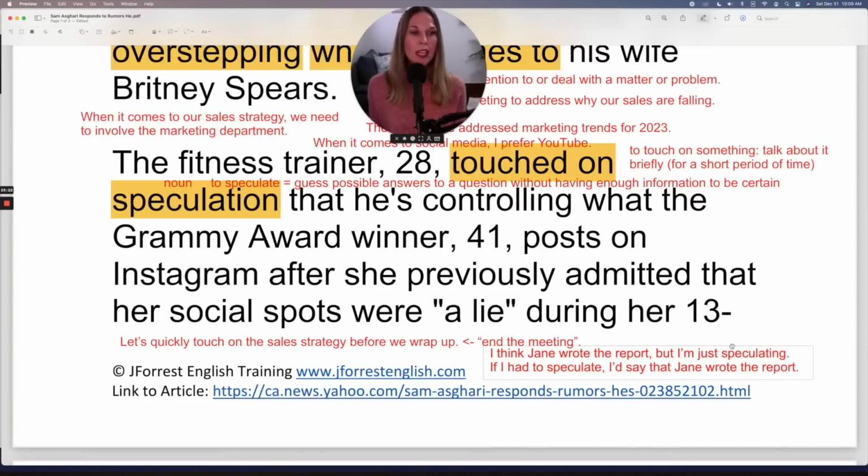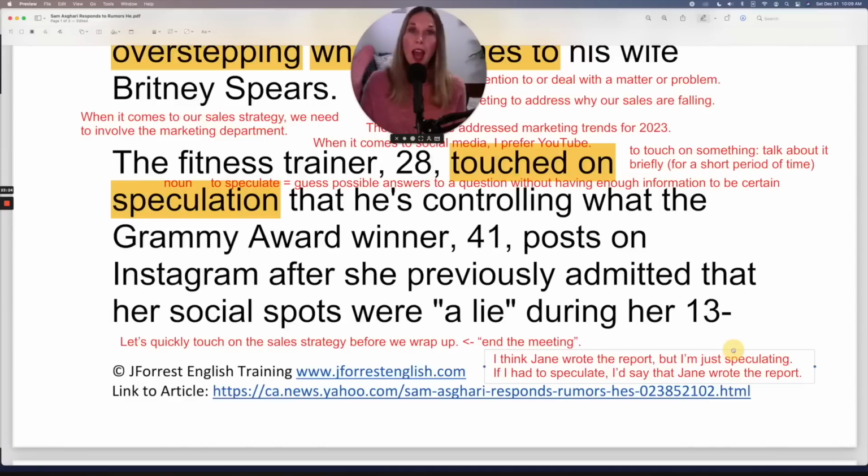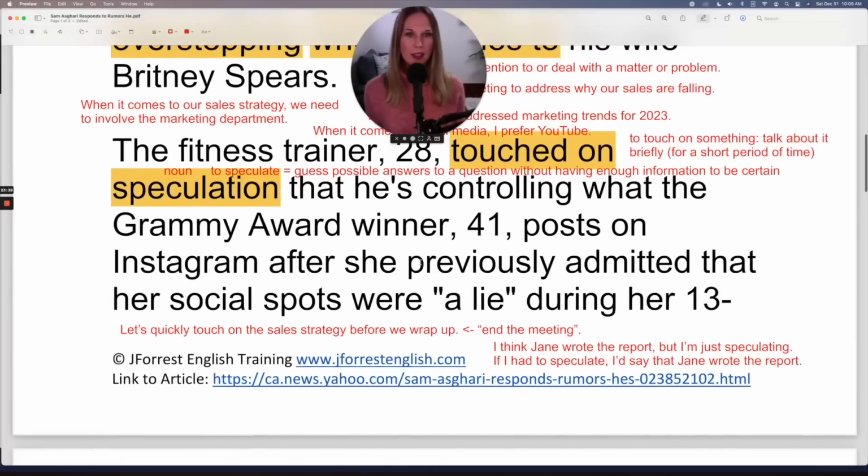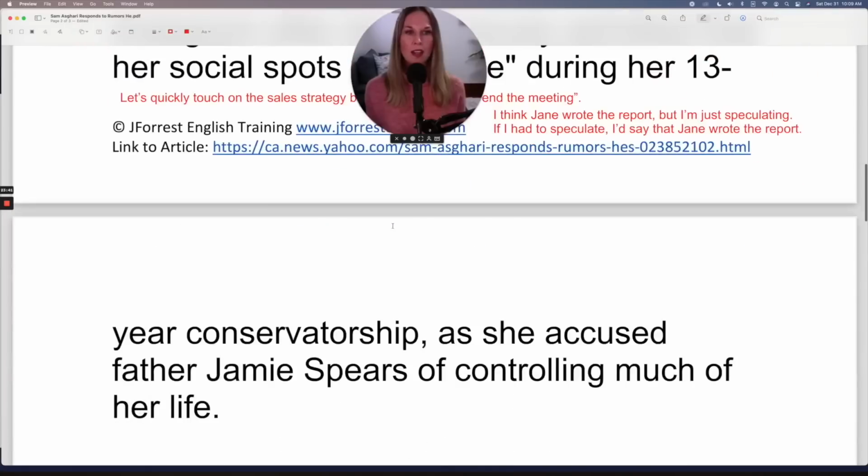It's another way of saying, if I had to guess. So really, it's a fancy way of saying guess, but it's very common, and get comfortable with it in the noun form and the verb form because we use it in both. All right. Let's continue on.